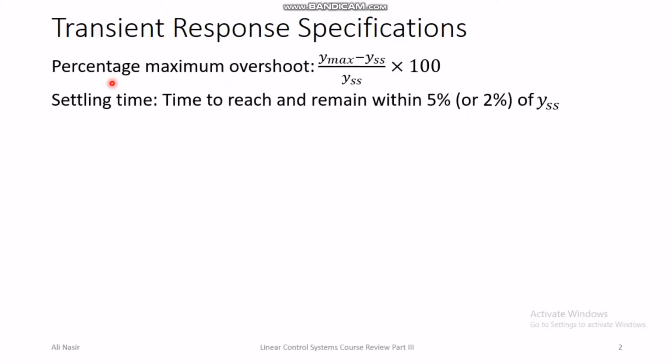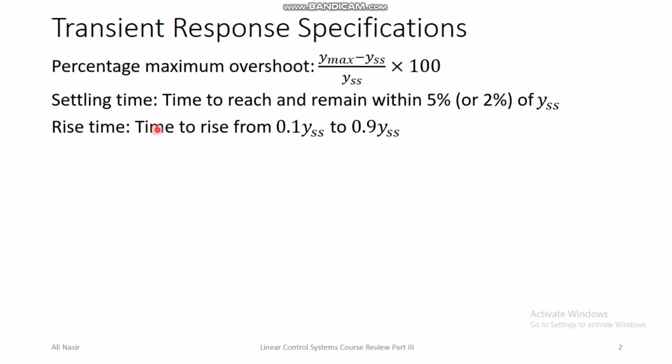Then settling time is the time to reach and remain within 5% or 2% of the steady state value. Sometimes the requirement for settling time could be more strict, for example within 1% of the steady state value, but more or less the definition remains very similar.